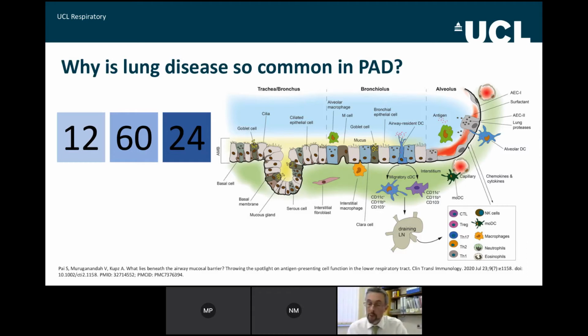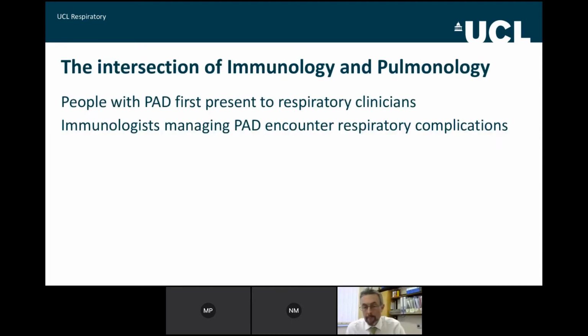And so if the immune system is working in a different way, as it is in many people living with primary antibody deficiency, then those defenses are altered. And the end result of that is an increased susceptibility to lung diseases, and lung diseases which can be more significant or more severe. And that's going to be the bulk of the presentation. But that's fundamentally why we're talking about such common manifestations.